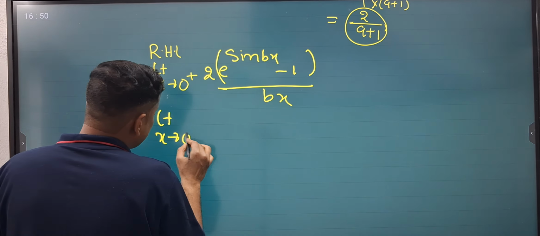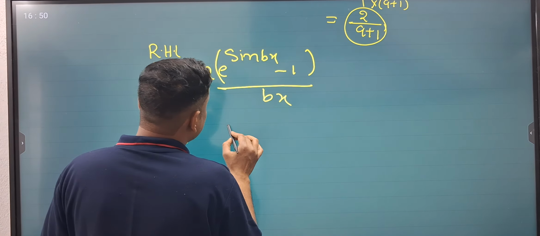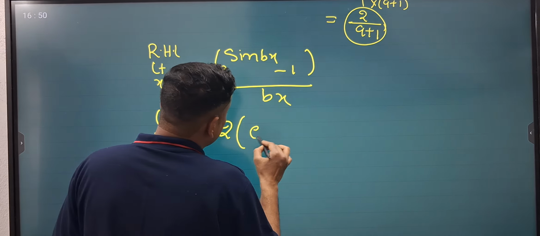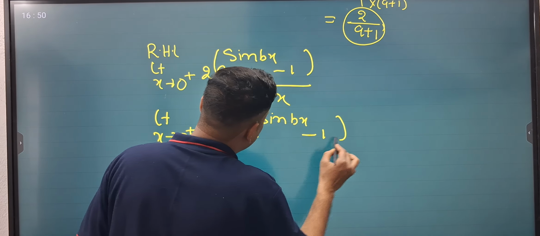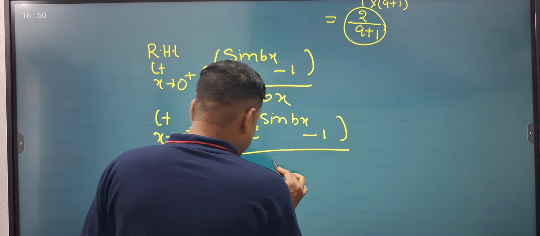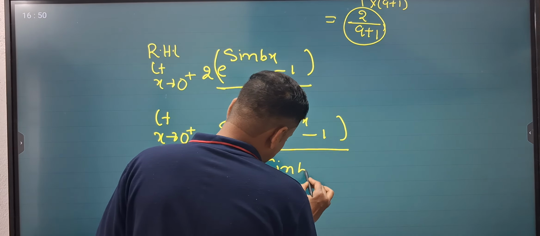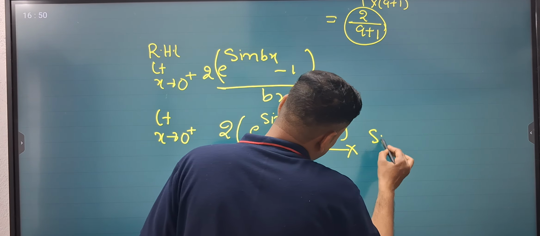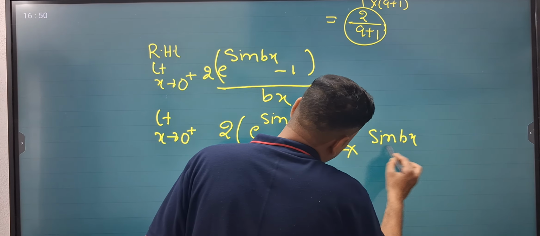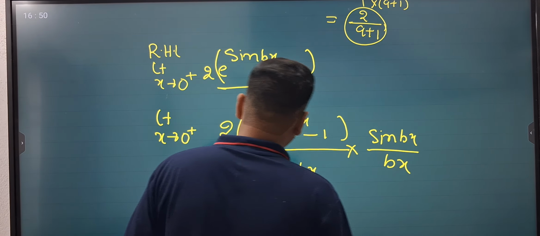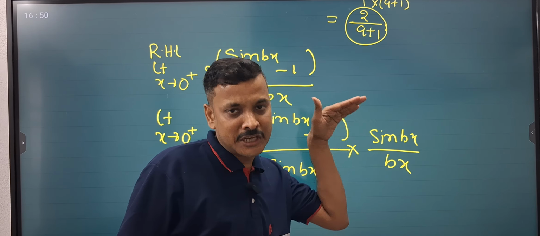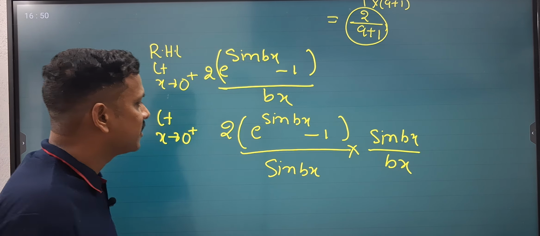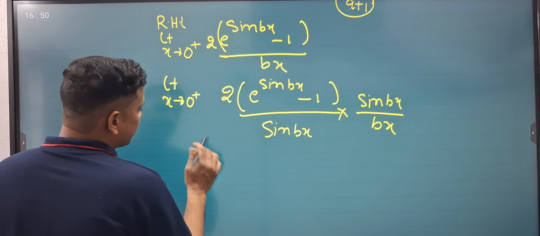Limit x tends to 0 plus, you just write 2 into e to the power sine bx minus 1 by sine bx, into sine bx by bx. What I did is I multiplied and divided by sine bx in the numerator and denominator for solving this question.